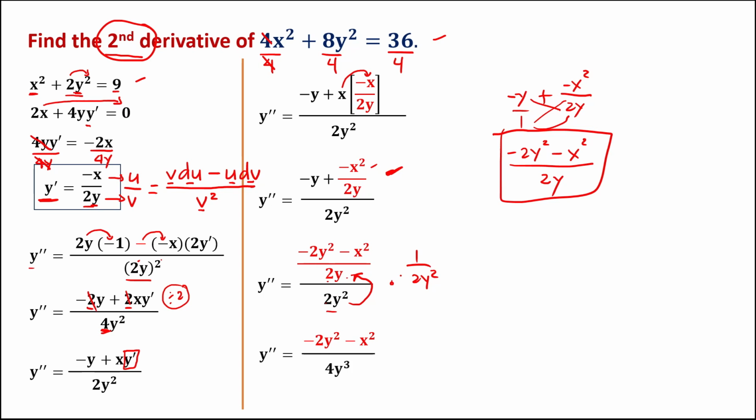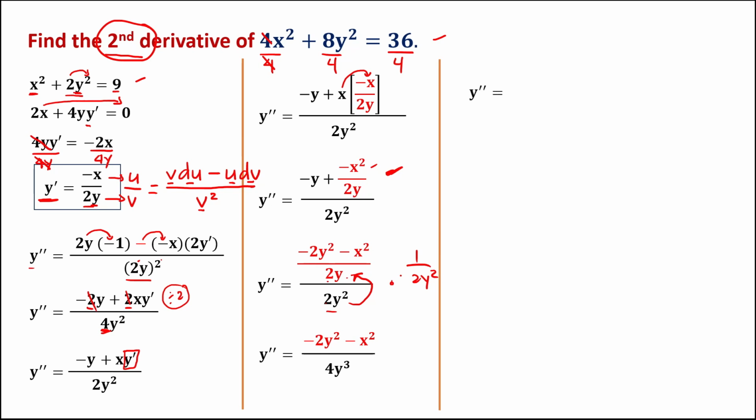Then to simplify, observe that in the numerator these are negative. So if we put the negative outside, the negative x squared becomes positive x squared, and the negative 2y squared becomes positive 2y squared, over 4y to the power 3.